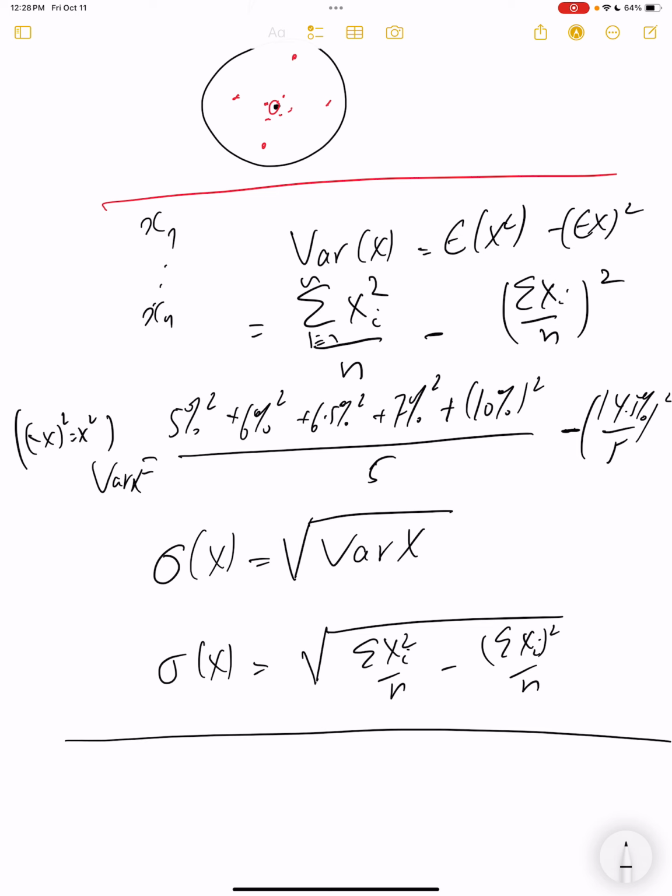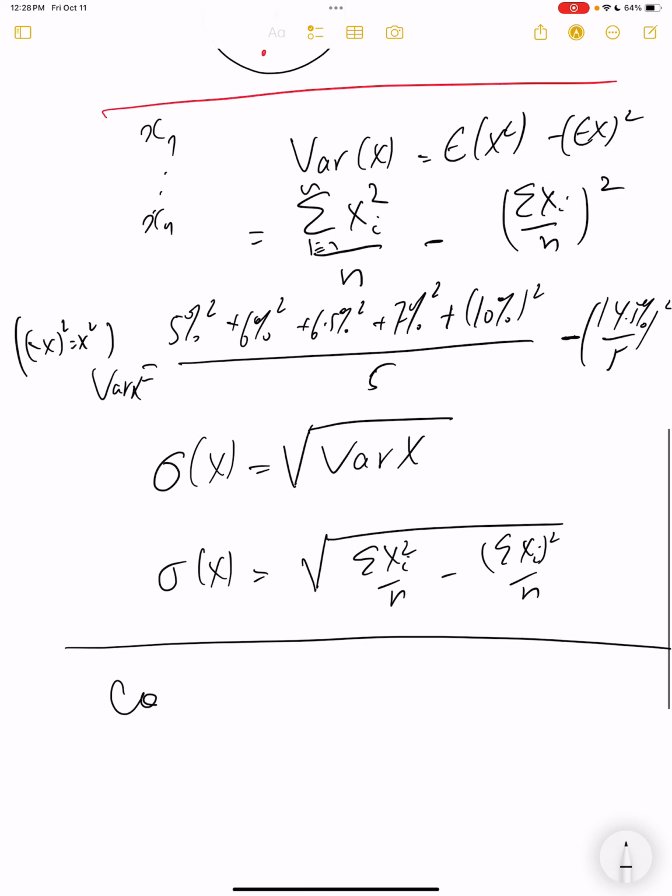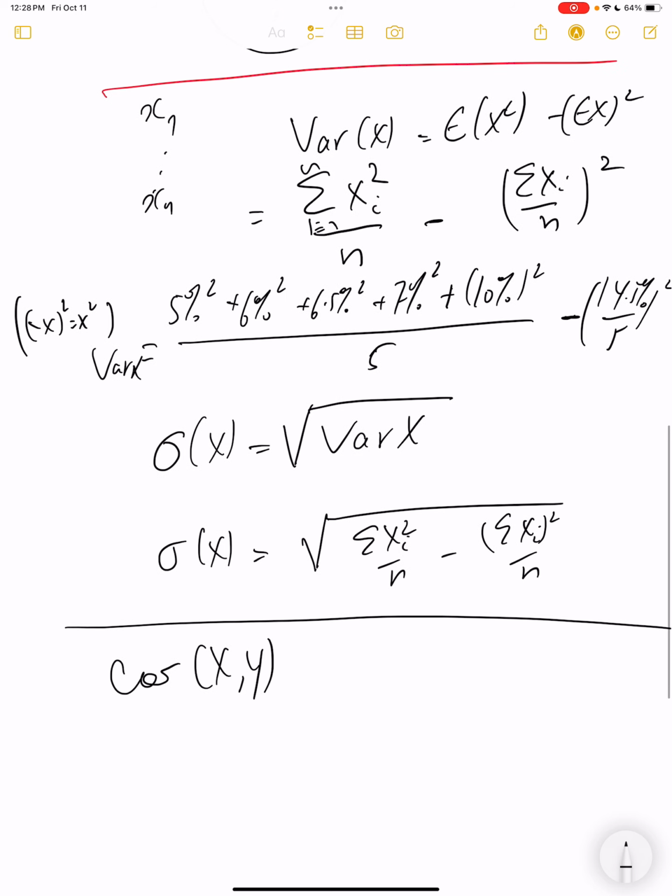Now, the other concept that we need is the covariance of two series, x and y. The formula is the expected value of xy minus the expected value of x times the expected value of y.